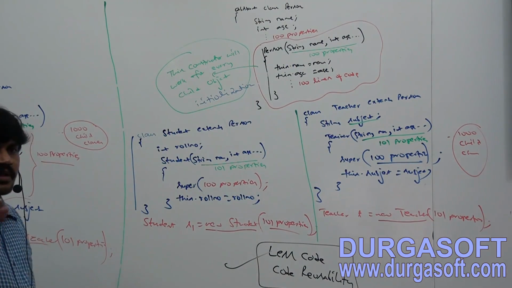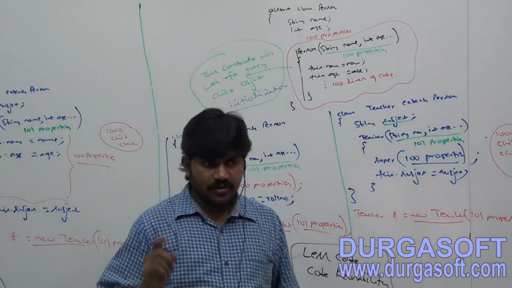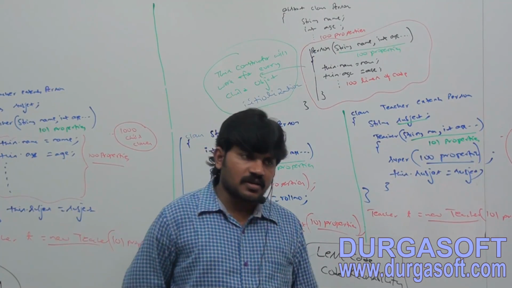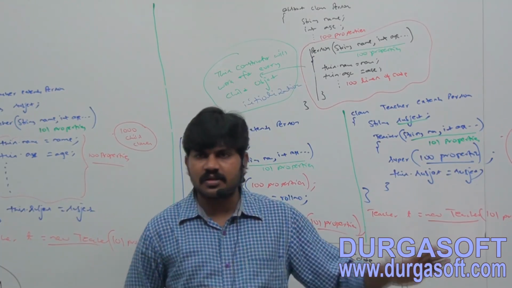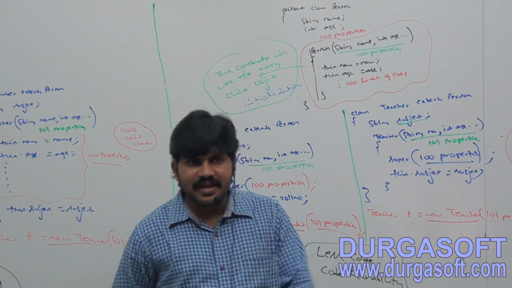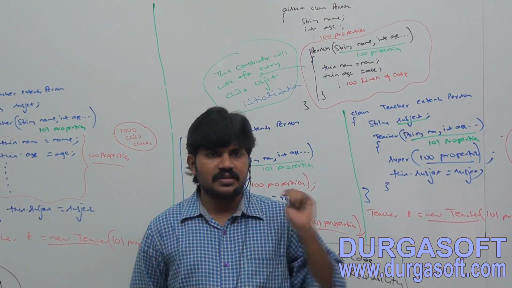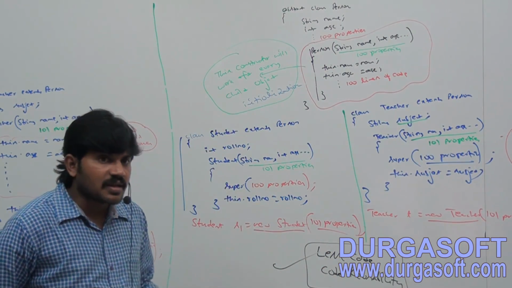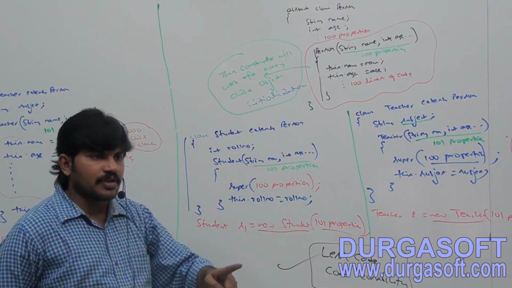Maybe there's a chance to ask one important question in the interview. We can't create object for abstract class and interface. But abstract class can contain constructor, but interface doesn't contain constructor. What is the reason? The simple reason is the main purpose of constructor is to initialize instance variables.